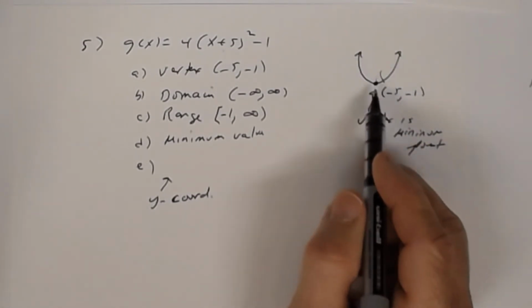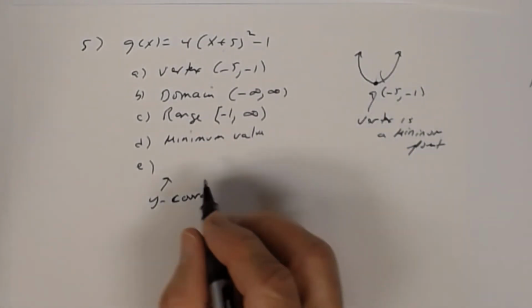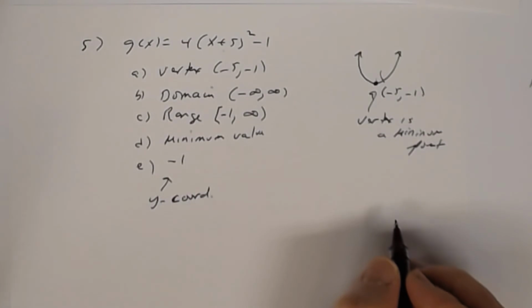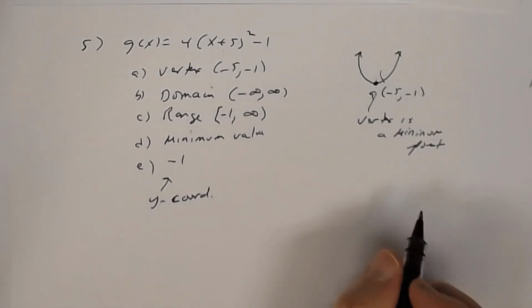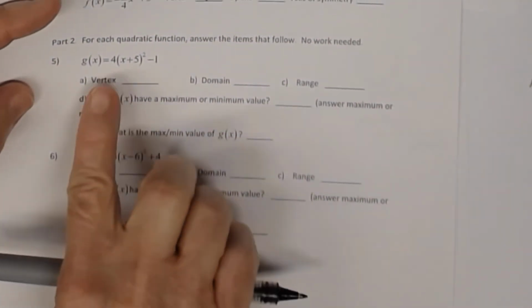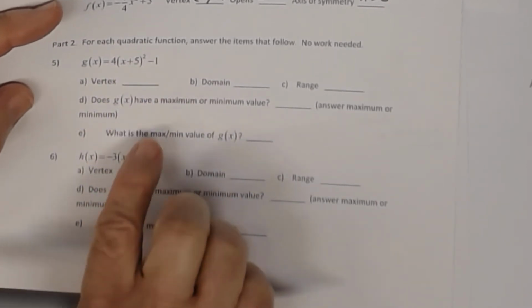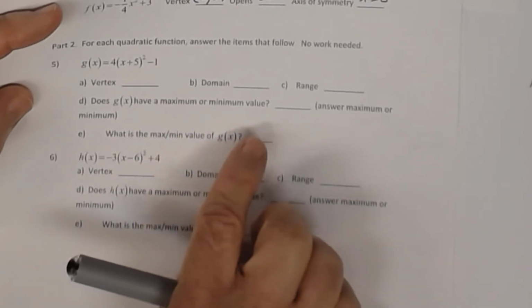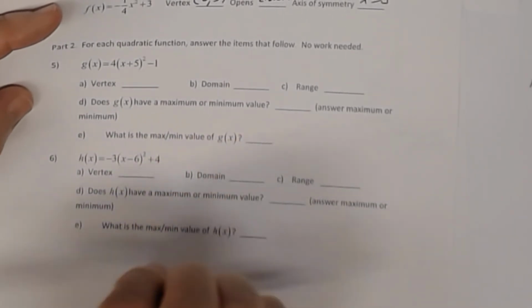That's the smallest y coordinate. So that's going to be negative 1. You indicate the y coordinate. And whenever you're dealing with quadratic functions, the minimum or maximum is always going to occur at the vertex, and you're always going to use the y coordinate of the vertex.